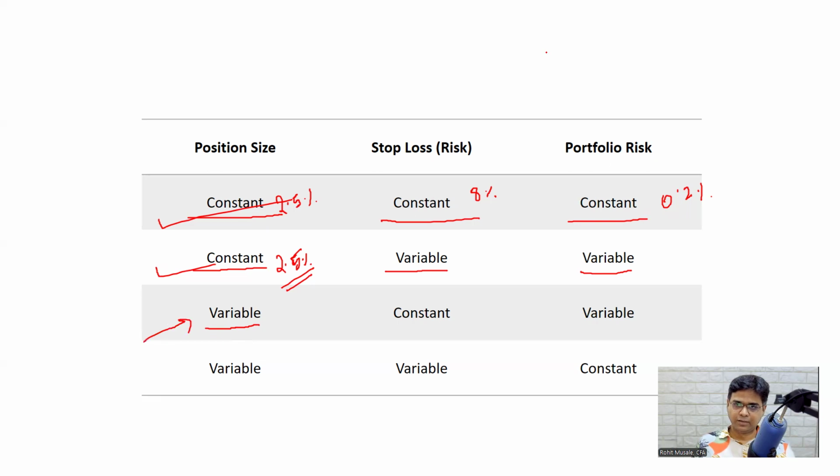Imagine there is stock A and there is stock B. Here you keep 5% position size. Here you keep 10% position size. After you buy both of these stocks, this stock goes up 4%. This stock goes down 4%. Now tell me, are you making money or are you losing money?